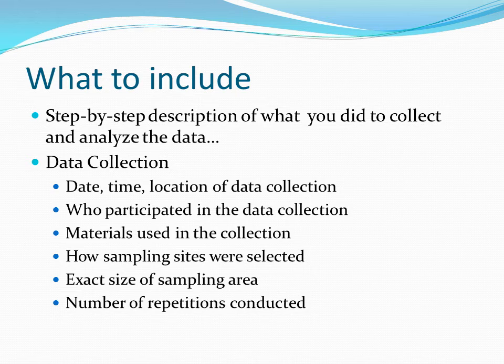All those details, the exact size of the sampling area, the 1 meter radius circle, you need to include that. How many repetitions did you do? Did you do once? Did you do twice? I hope you didn't do it once, because you probably need to do a minimum of 5 collections in order to have your data say anything.